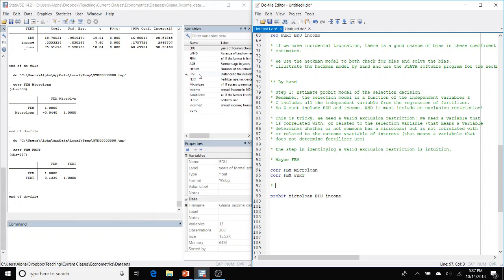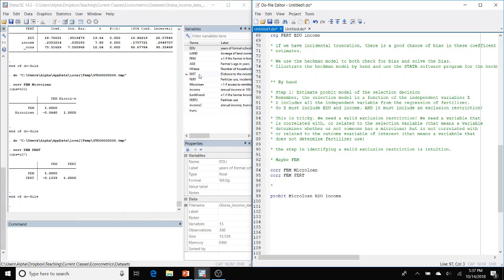This is not easy, thinking about this one. Now, you could say that no matter how close you live to the market, once you have fertilizer, it's not going to affect how much fertilizer you will use. In that case, distance might work.